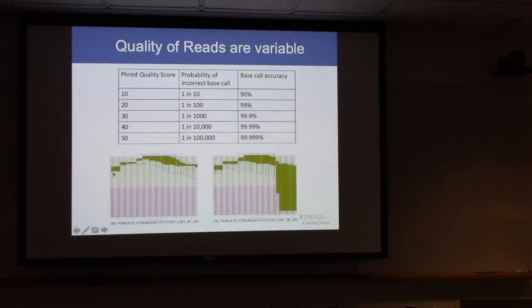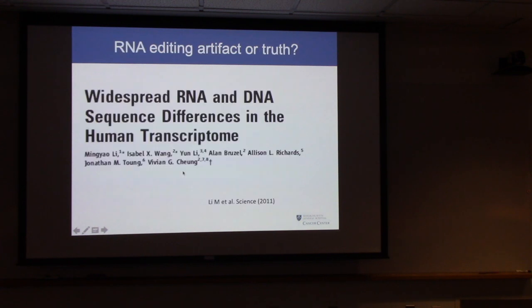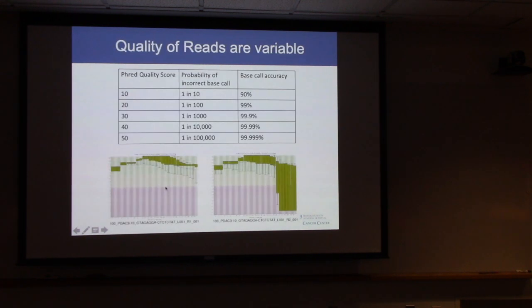Now this is the beginning of the sequence run and the end of a read, around 100 base pairs out here. What you can see is that green is the Phred score, good, yellow is intermediate, red is just terrible. And in this sample, we got a pretty good quality score.